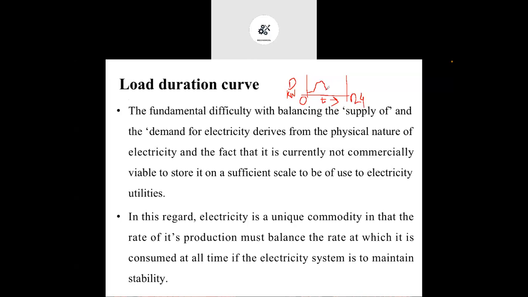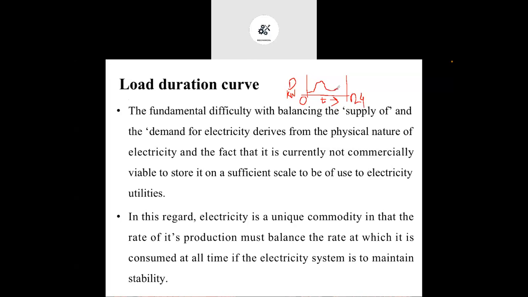After 12 p.m., this demand will again decrease, because in the afternoon the energy consumed by the consumer, particularly in residential buildings, is very little. So the demand will decrease, and it will remain low up to evening.